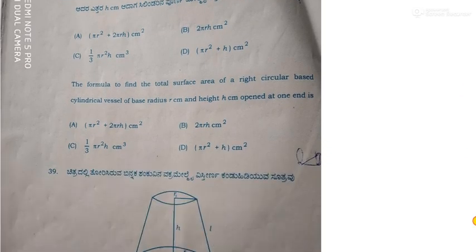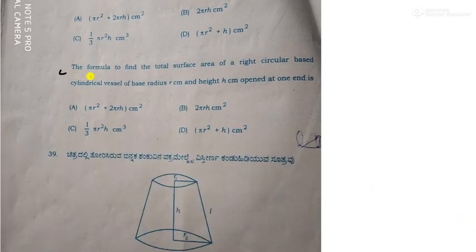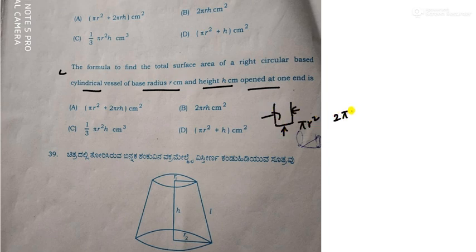Next is question number 38. The formula to find the TSA of a right circular cylindrical vessel of base radius this and height this, opened at one end. Okay, only at one end it is open, which means here it is closed. So what will be the TSA? For this you will have pi r square, and CSA is 2 pi RH, correct?